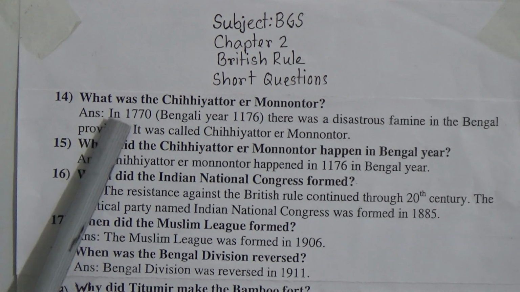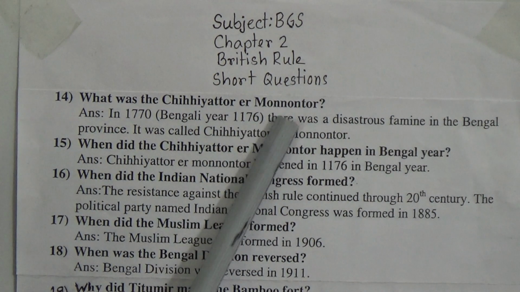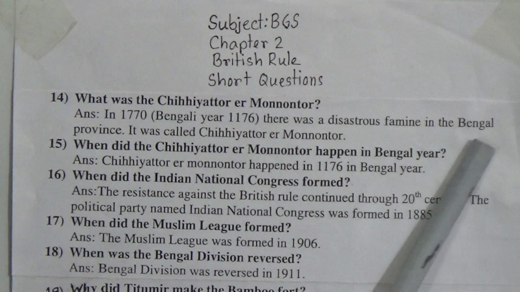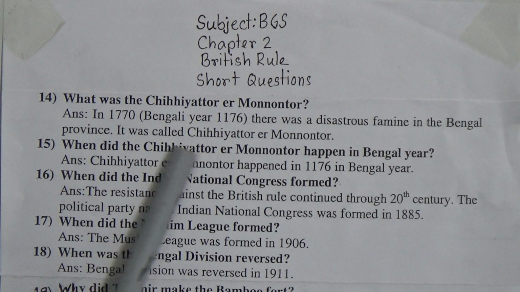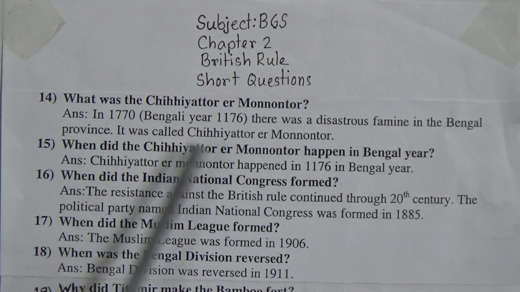The answer is: in 1770, Bengali year 1176, there was a disastrous famine in the Bengal province. It was called Chhiyattarer Monnontor, and it was the bad effect of the British rule.